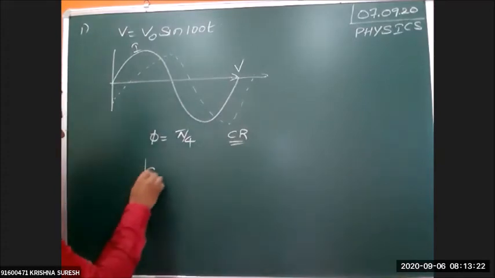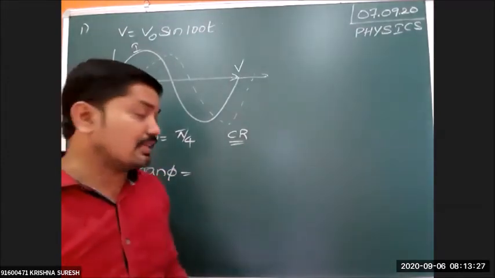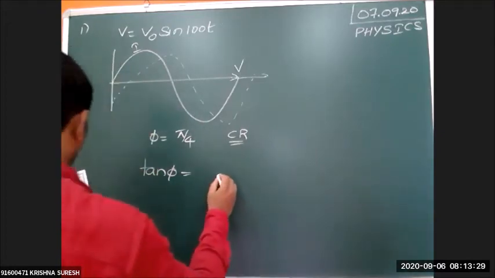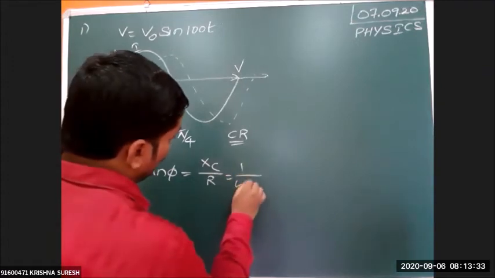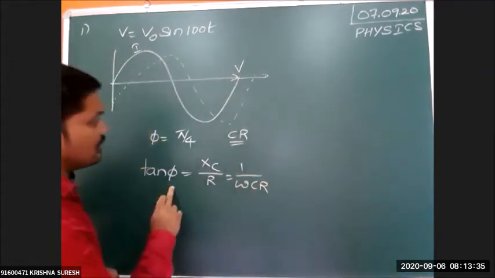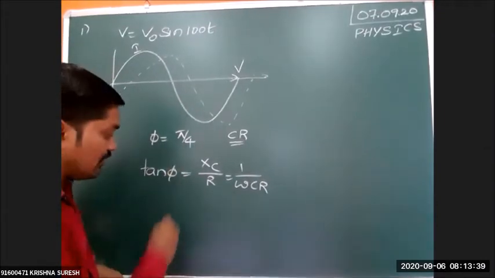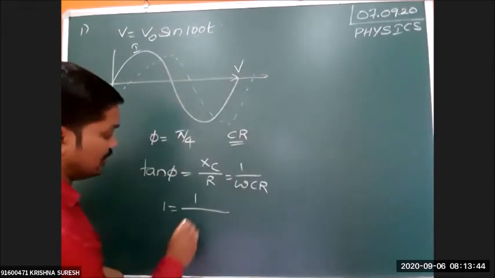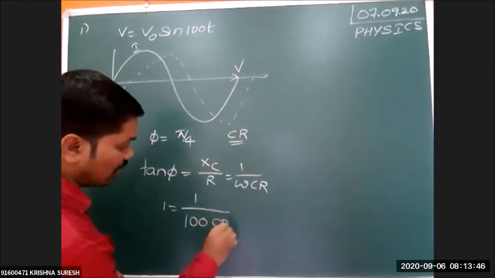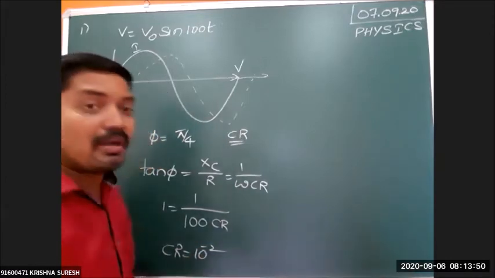From the CR combination, tan phi can be written as 1 by omega C into R. Tan phi means tan pi by 4, so that value is 1. So 1 is equal to 1 by omega, whose value is 100, into CR. So from this, CR is equal to 10 power minus 2.